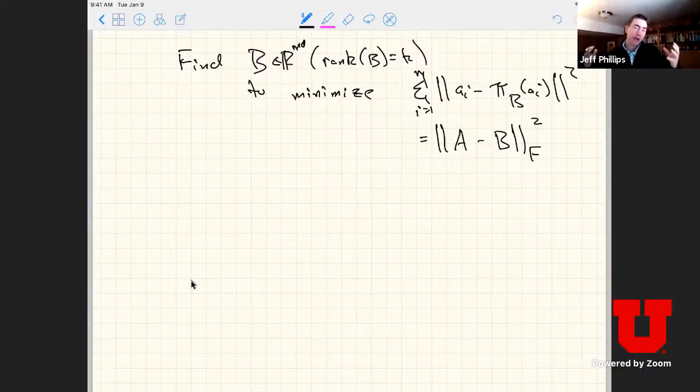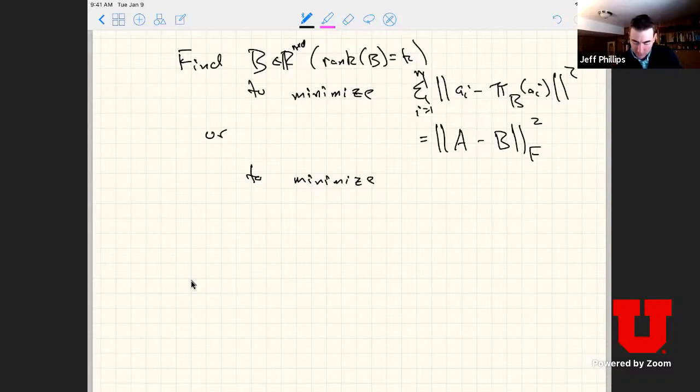That's going to be the Frobenius norm. Or to minimize, instead of the sum of those components, the sum along any one direction.